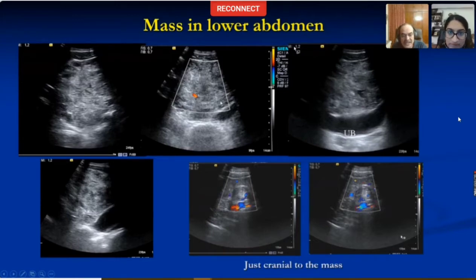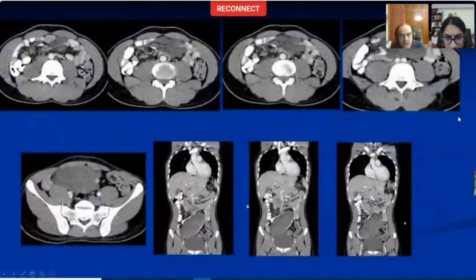So I'll tell you that this was somewhere above the bladder. We were seeing this solid-looking lesion here, which showed minimal internal vascularity. Just cranial to the mass, we saw some sort of a weird vascular arrangement. We weren't sure what that was.